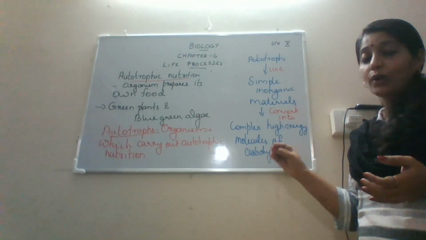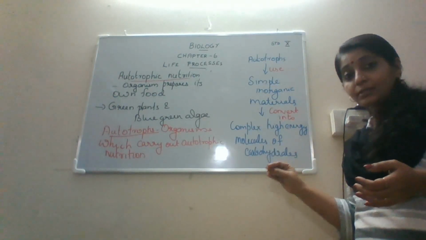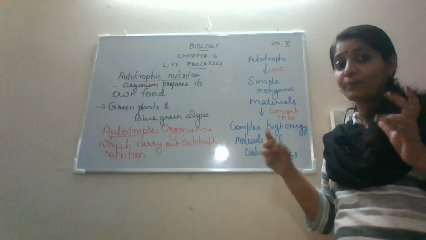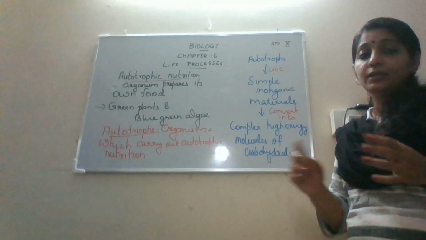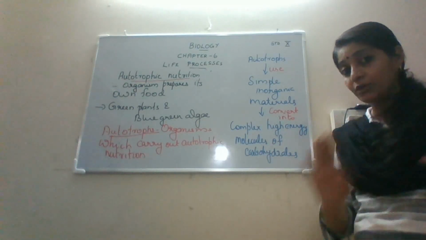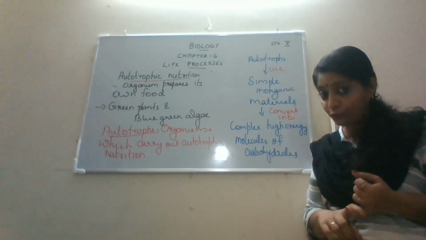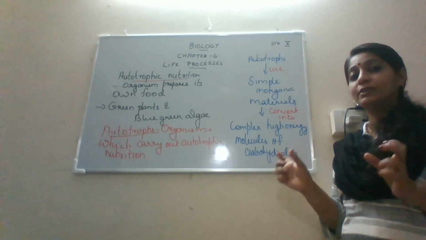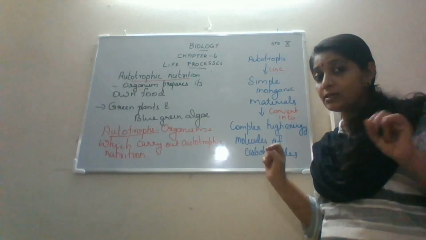We know what happens with the plants. Plants usually go for the autotrophic mode of nutrition, that is, plants prepare their own food. You have been studying this from the smaller classes onwards: plants prepare their own food by a process called photosynthesis. So their autotrophic mode of nutrition is called photosynthesis.